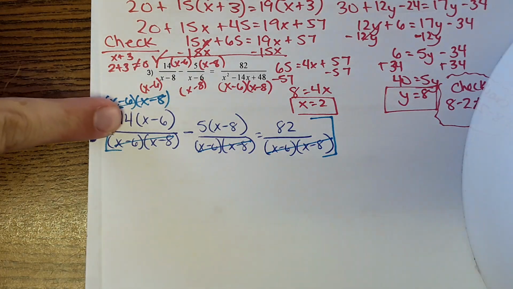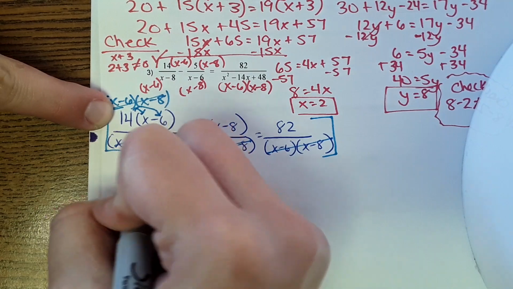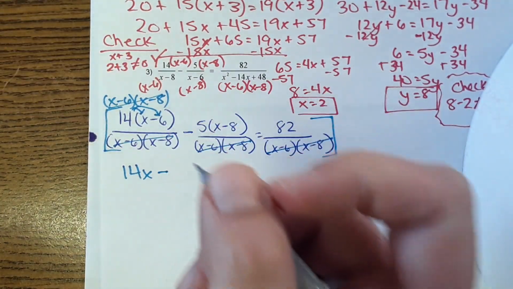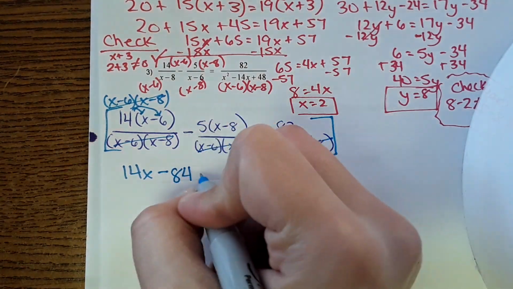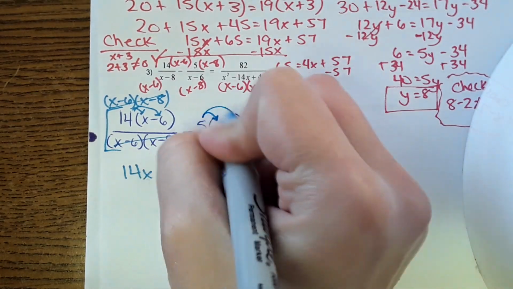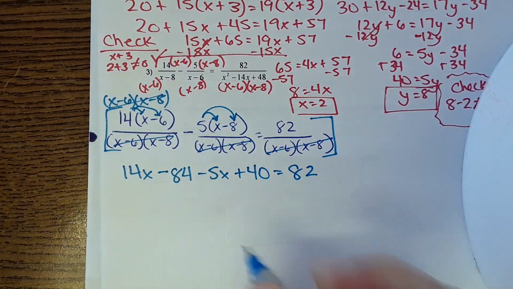Now, as I write this down, I'm just going to distribute as I go to save myself the step. So 14x minus 14 times 6, I think it's 84. Yeah, 84 minus 5x plus 40 equals 82.